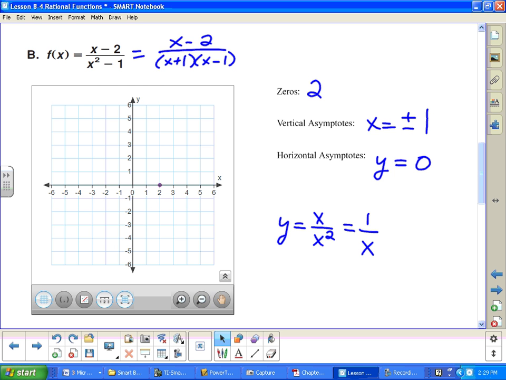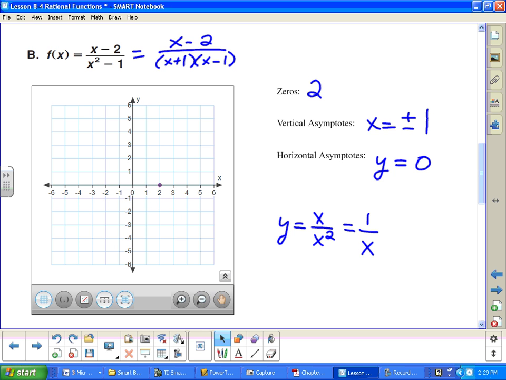The y-intercept is on the y-axis. What's the value of x on the y-intercept? We're talking about a number on the y-axis. What's the value of x here? It's equal to 0, right?